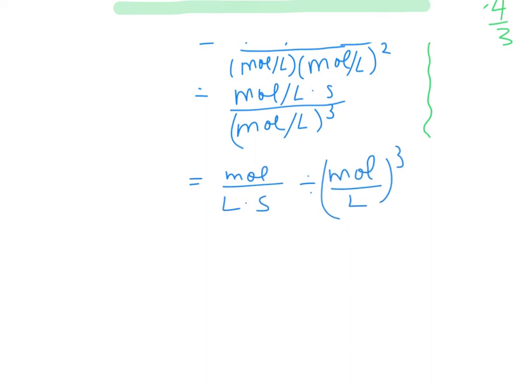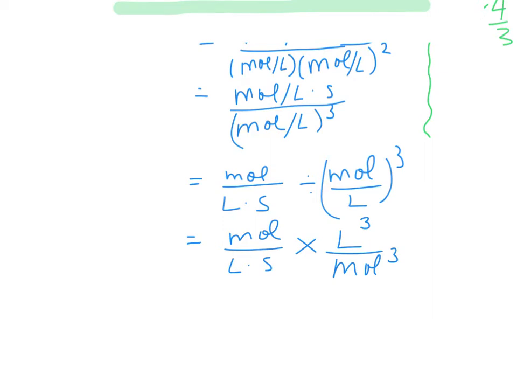Now what I'm going to do is invert and multiply. So I have moles per liter per second times, now I'm inverting that second fraction, liters, and I'm also going to distribute that cubed in the same step, per moles cubed. And now I have a situation where I can cancel out some units.